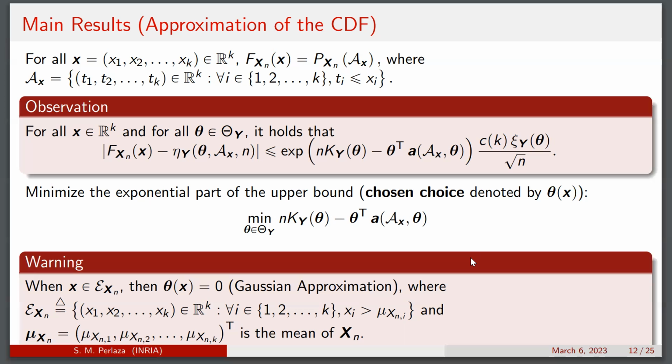And we know that if theta is equal to 0, we will end up with an approximation that is as good as Bernoulli type approximations. So the key point is how to calculate the approximations in those points for which all thetas are 0.